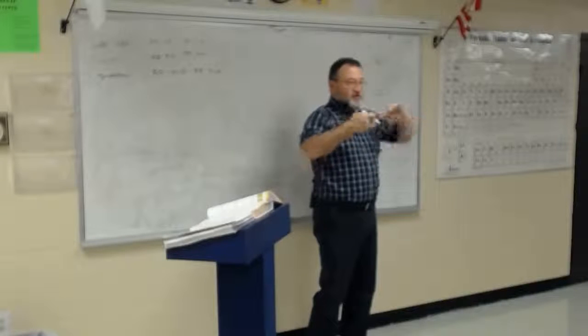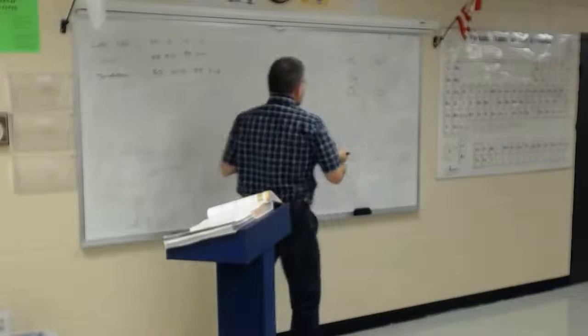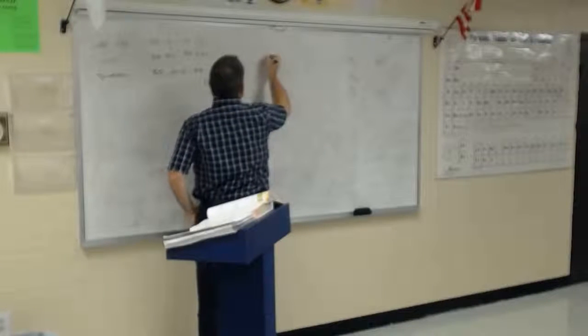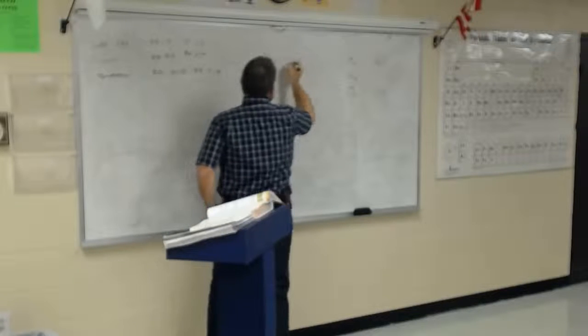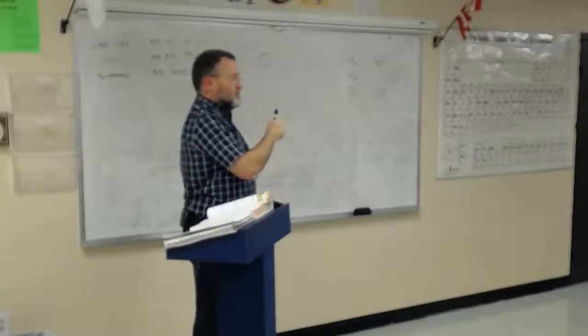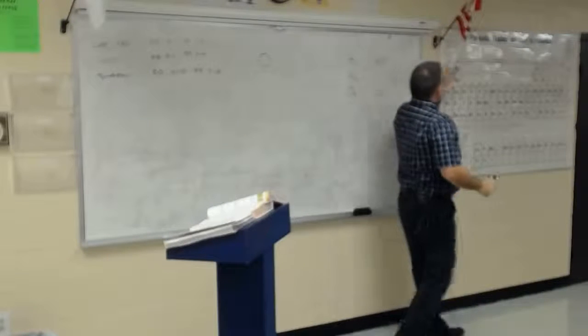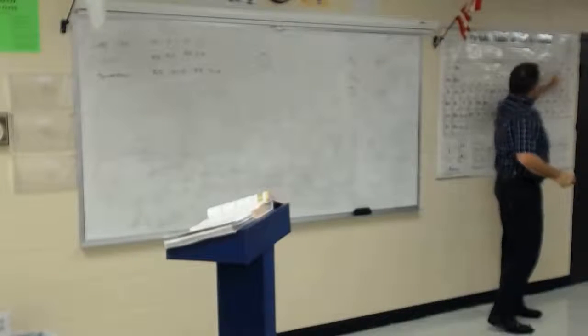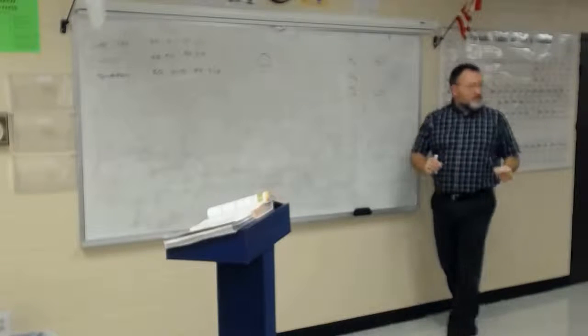It just naturally occurs. Because if you remember, oxygen has 6 valence electrons. Because we look over to the A columns, column 6A, there's our oxygen, 6 valence electrons.